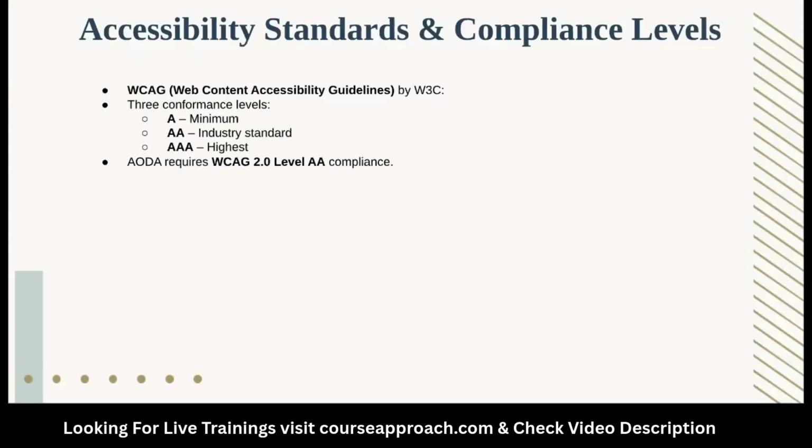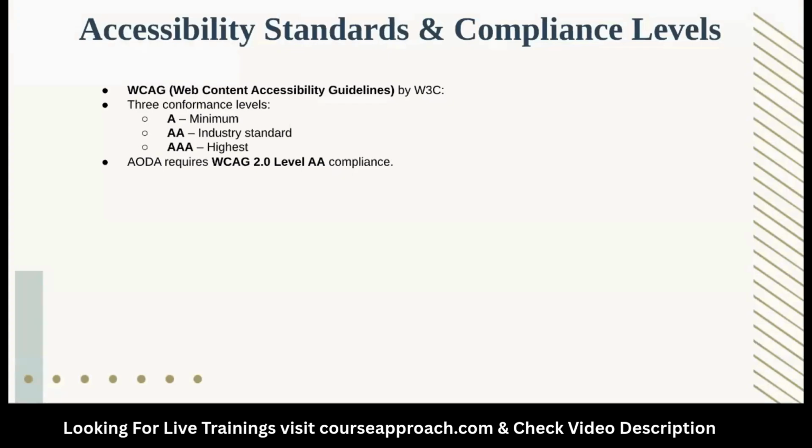These color things fall under level A. And just like the example we have taken for perceivable, if there is an image and they are not able to understand the image content, this kind of thing falls under level A. These are very serious accessibility barriers to users. They can't perceive the information clearly.